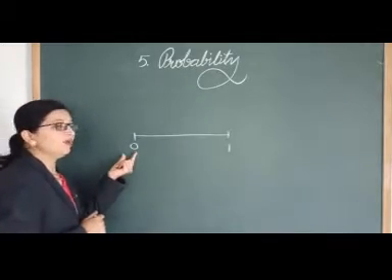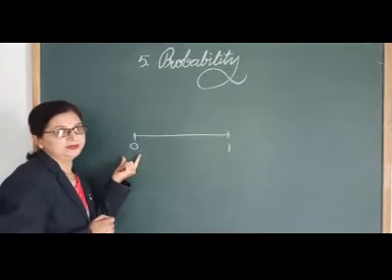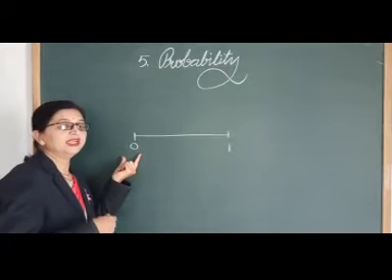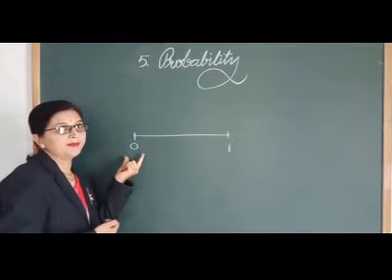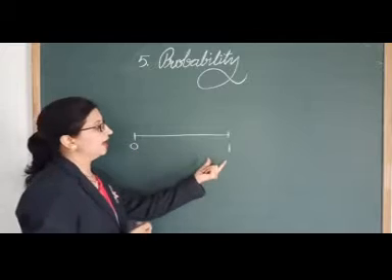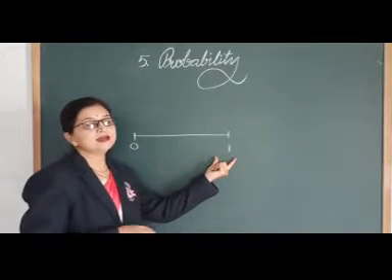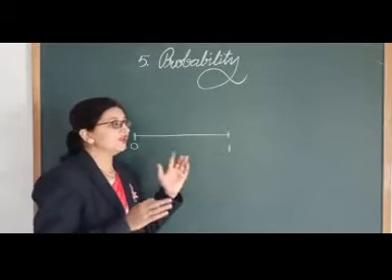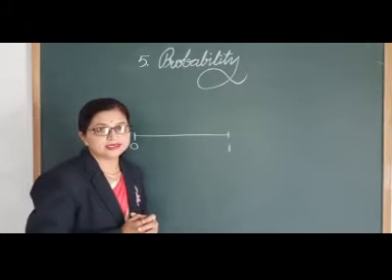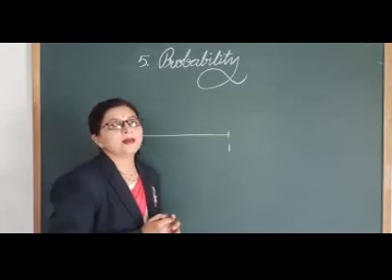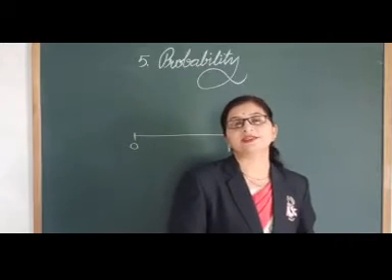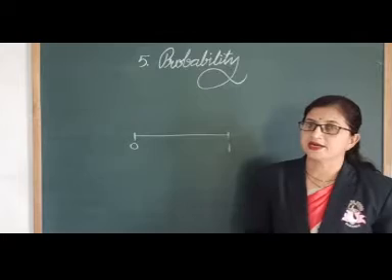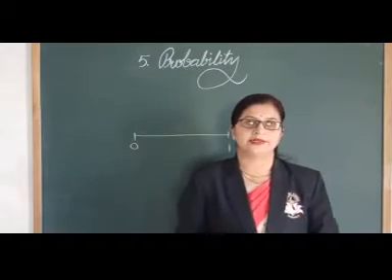Here, 0 will represent impossibility. When the event is impossible, then it represents the probability 0. And 1 will represent certainty, meaning when we are sure about the result. This probability can also be represented as a percentage from 0% to 100%.